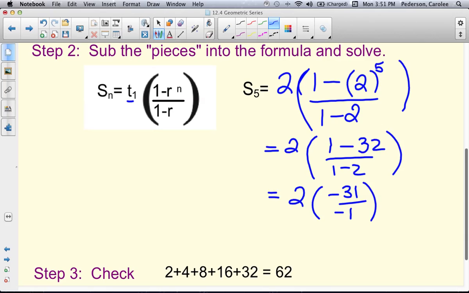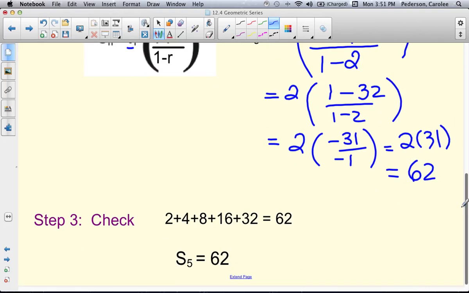Then negative 31 divided by negative 1 is positive 31. And then 31 times 2 is 62. So the sum of these 5 terms is 62. You could also check by adding up these 5 terms, and you should get 62.